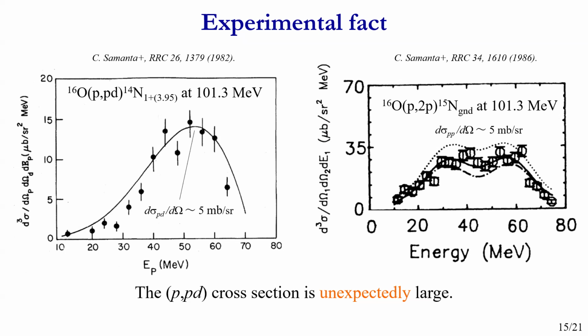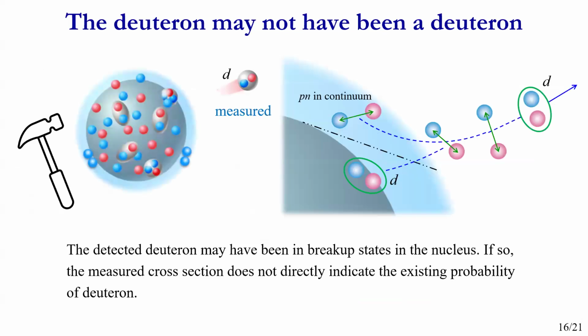I think this is extremely larger than what we naively imagine, right? So this may suggest that there are more deuterons in oxygen-16 than what we expect. This is an experimental fact. So probably you can believe this, even if you don't believe theory, right? So this is the starting point for why we considered PPD. But here, a question arises.